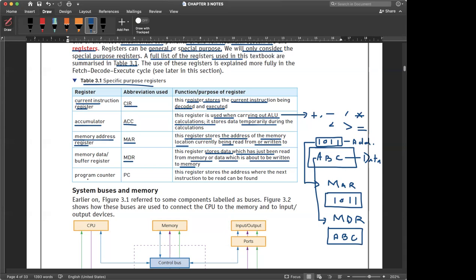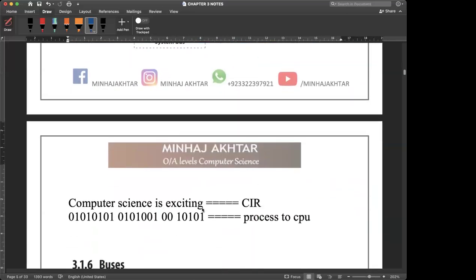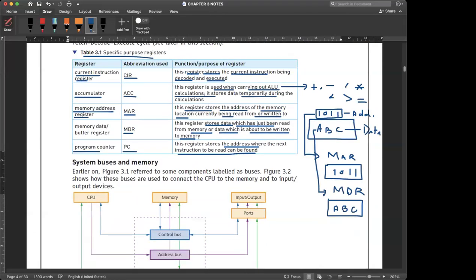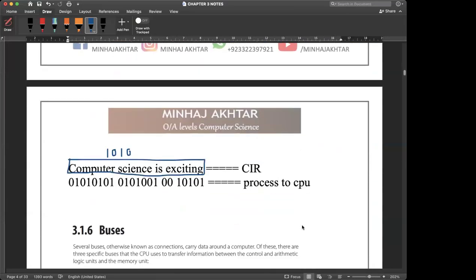And finally, the program counter, PC, stores the address where the next instruction is to be read. So let's suppose I have written computer science is exciting. This is my instruction, stored in a memory location 1011. So after this instruction, what is my next instruction? 1010.